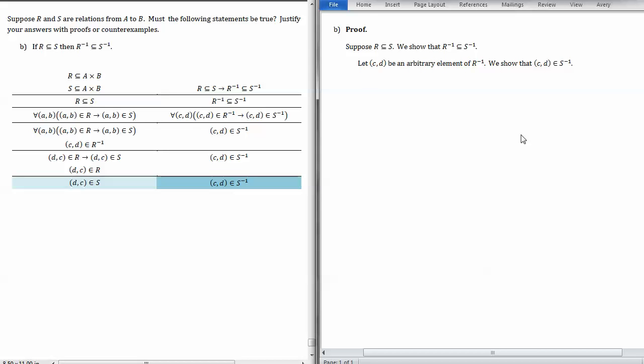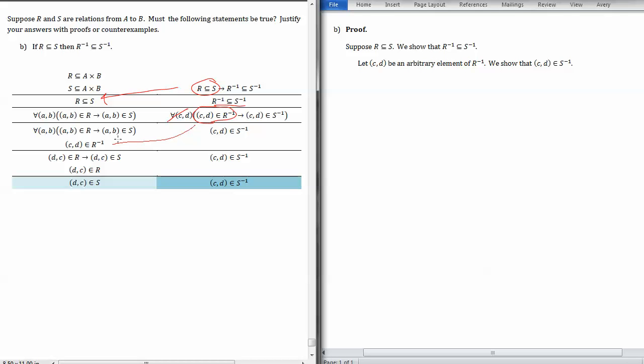So what do we have here in our proof? We are doing a direct proof, so we suppose R is a subset of S and prove R inverse is a subset of S inverse. And then we said let (c, d) be arbitrary, and in fact let it be an arbitrary element of R inverse, and we'll show this. From there, that means that (d, c) is in R. So let's just state that.